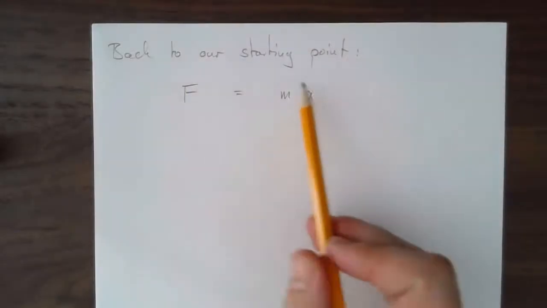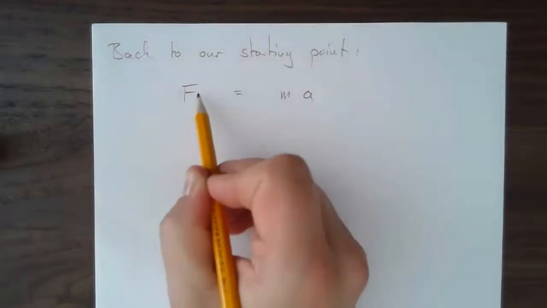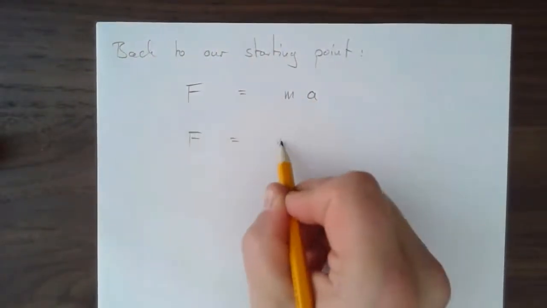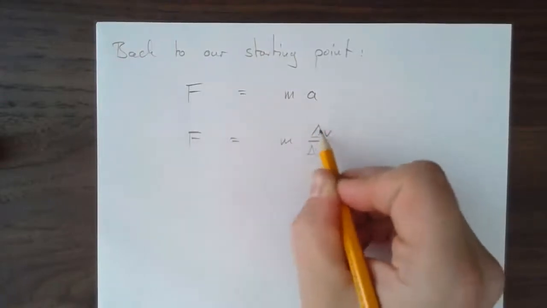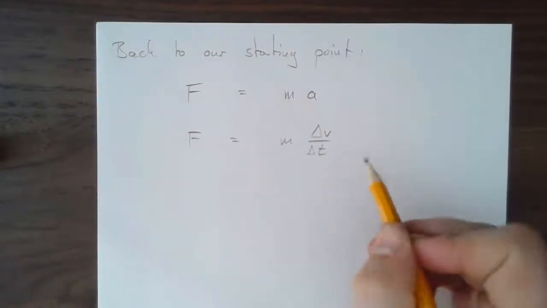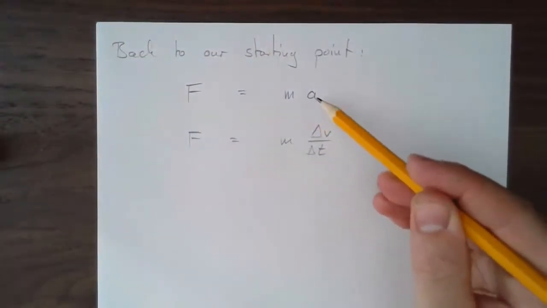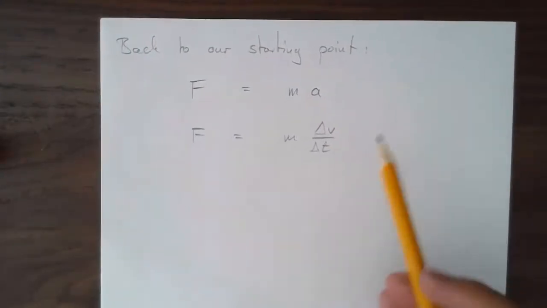So here's Newton's second law. Again, of course, this is the net force, but if there's just one, well, it's just whatever force it is. Now, what we said before was m times dv/dt is the same as ma, because a is dv/dt. Or if I want to do this infinitesimally with calculus, I'd write dv/dt.